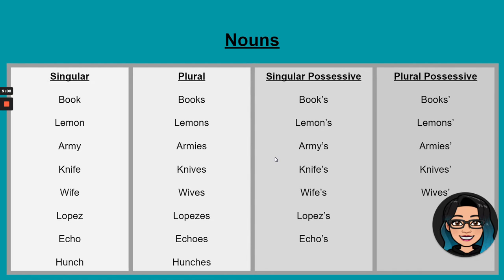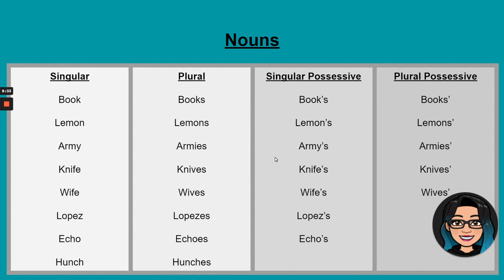And now we go down to echo. Echo is another one of those tricky words. So for echo, the singular is echo. For the plural, we have to add an ES. So for that one, it's going to be ECHOES, echoes.